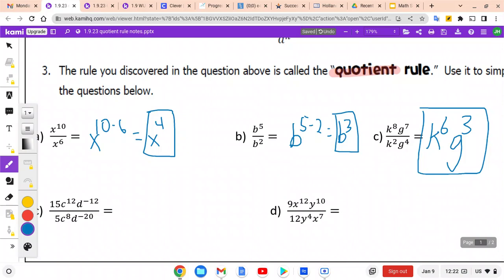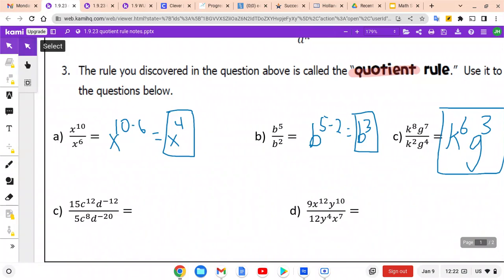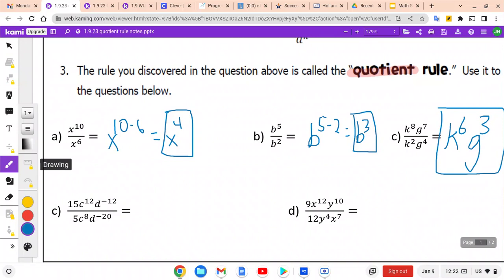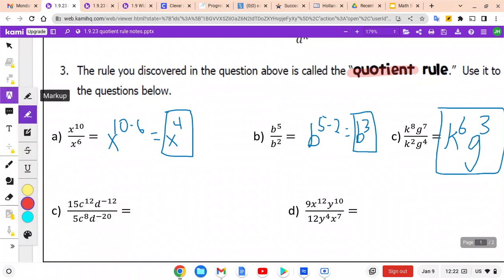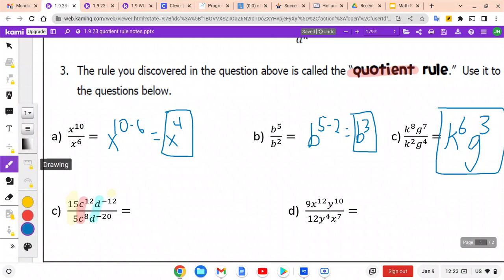Okay, there's a typo. This should say D and E. But looking at the bottom row, first of all, don't pay attention just now to the coefficients. Don't pay attention to the 15 and 5 just yet. We're going to say that for last. So we're going to do the C's, and then we're going to do the D's.